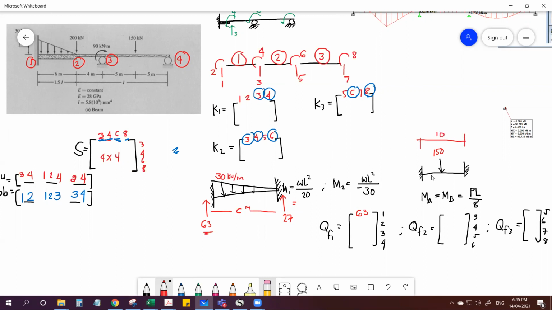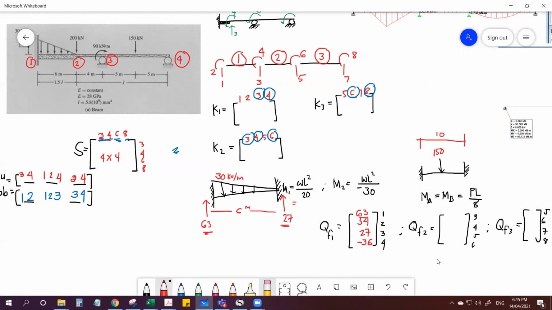I'm getting 54. Then the vertical reaction is 27. And WL squared over 30 is 36. So this will be negative 36 based on our sign convention.